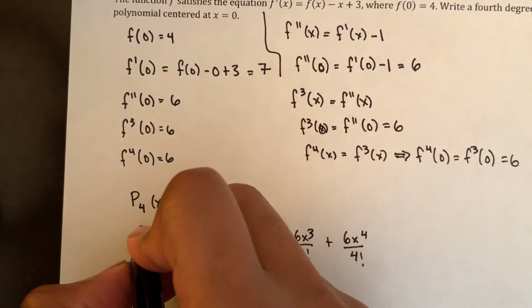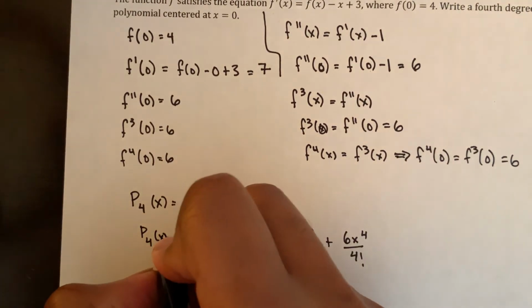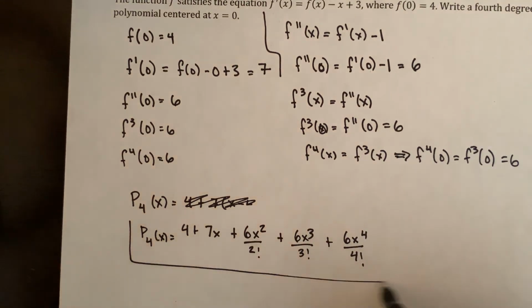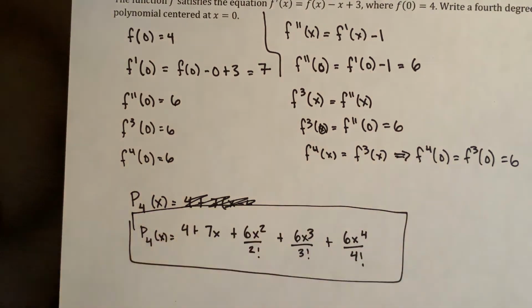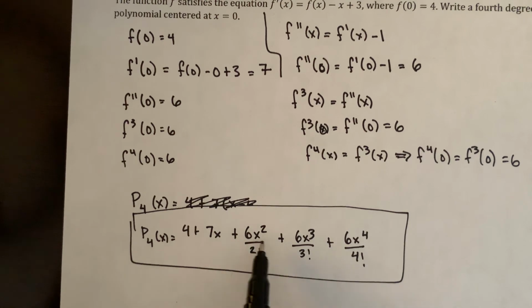And for your final answer, because it's just a Taylor expansion, they don't actually want you to simplify it. You could just leave it like this. You could simplify if you wanted to. 6 divided by 2 is 3. 6 over 6 is 1. 6 over 24 is 1/4, but you do not have to.